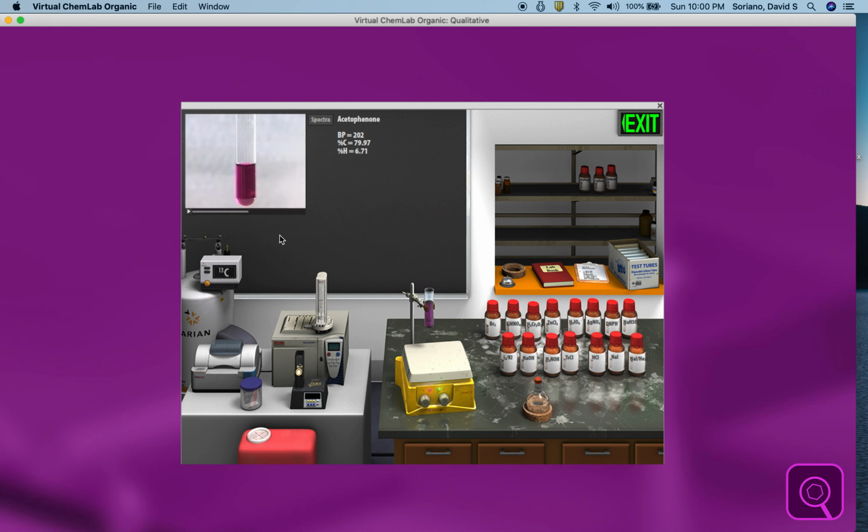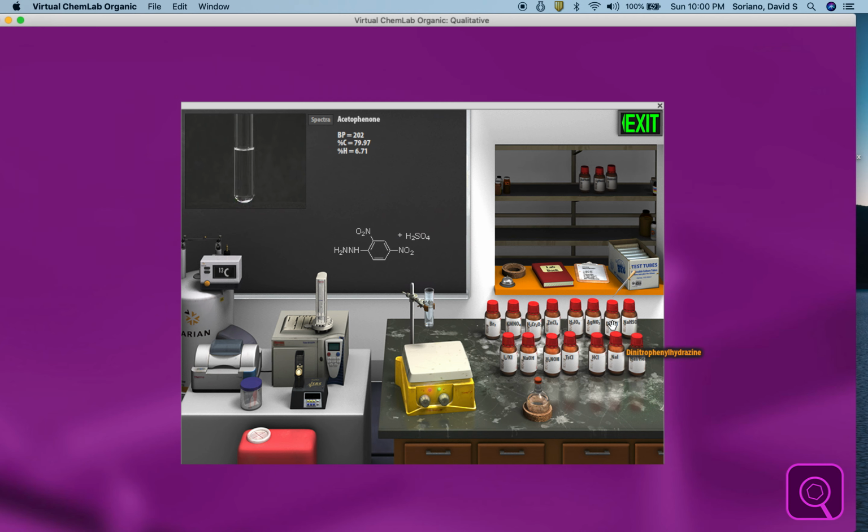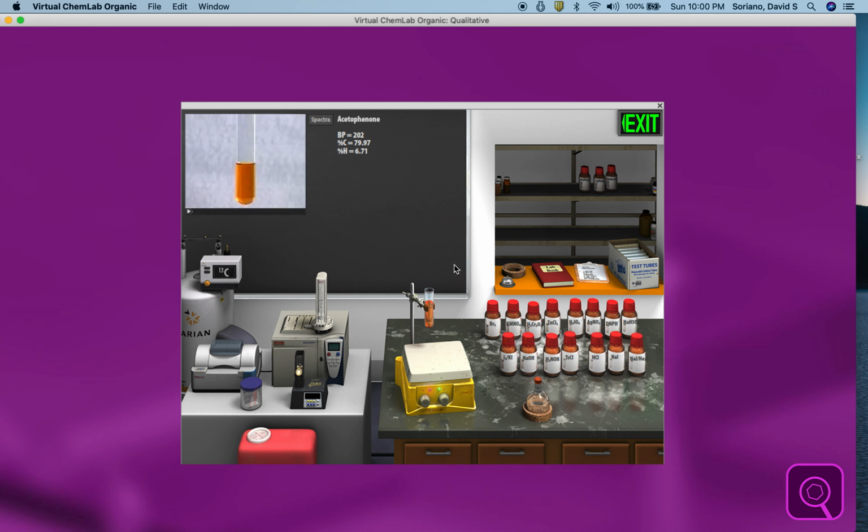Let it stir. You're not going to see much happening there. The purple color remains. No oxidation occurs. Ketones don't normally oxidize. Okay. Another sample. Let's treat it with 2,4-dinitrophenylhydrazine. That's a classic. You watch this one.